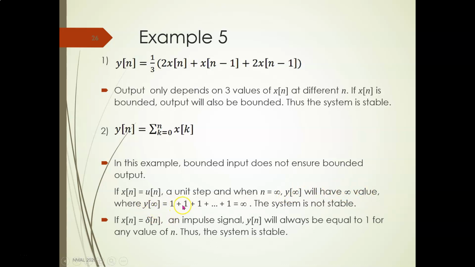So y[infinity] will become 1 plus 1 plus 1 until infinity, and thus the system is not stable. So it depends on the input, which is x[n]. If x[n] is delta[n], an impulse signal, then if we put it in this equation, y[n] will always be equal to 1 for any value of n, and thus the system is stable. In case you don't understand this, I will show you many more examples on how to answer this kind of question in another video lesson.